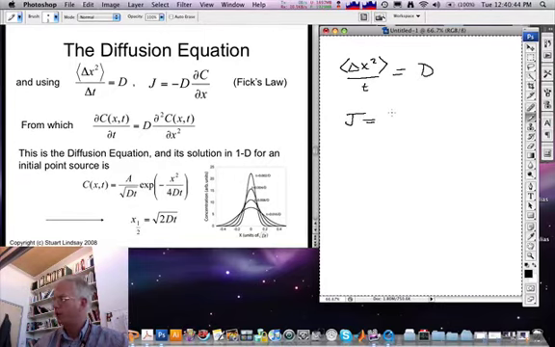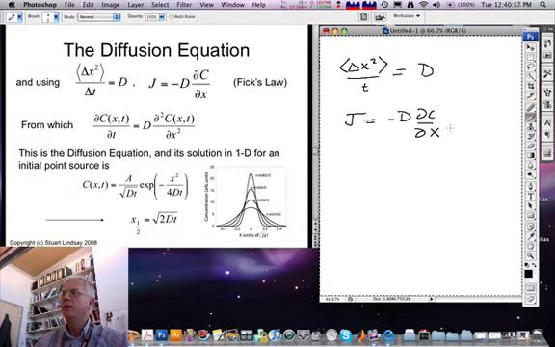We had J proportional to dc dx with this coefficient in front of it, so that now becomes minus D dc by dx. This is called Fick's law. It says that the net flux is related to a constant, the diffusion constant, times the concentration gradient.